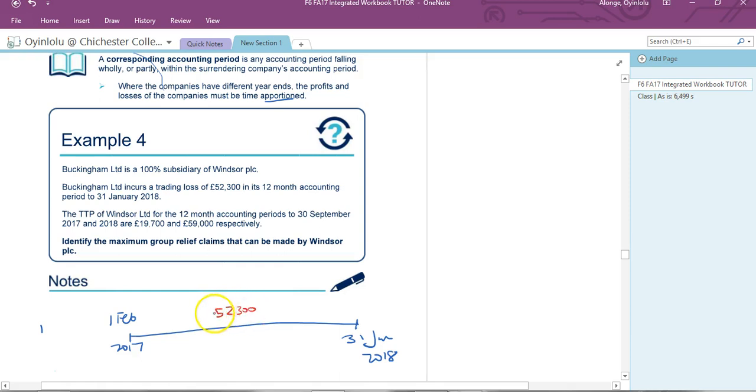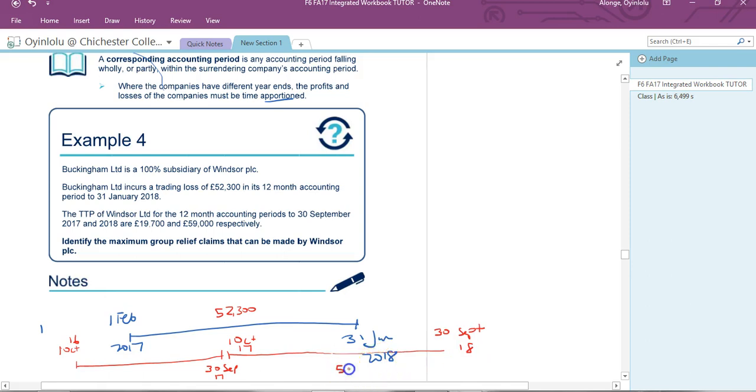Then it says that the total taxable profit of Windsor for the 12-month period, 1st of October 2016 to the 30th of September 2017, and the 1st of October 2017 to the 30th of September 2018.